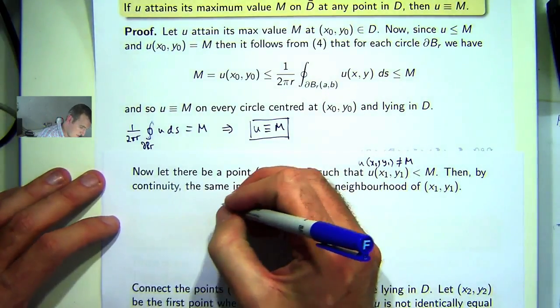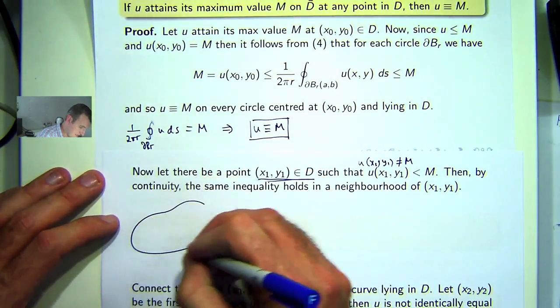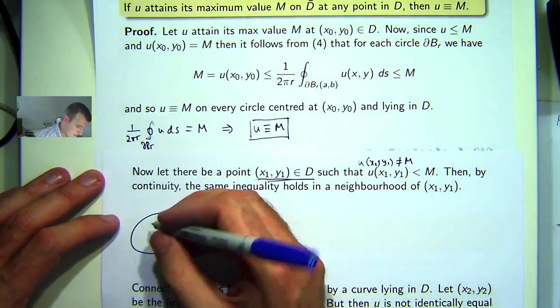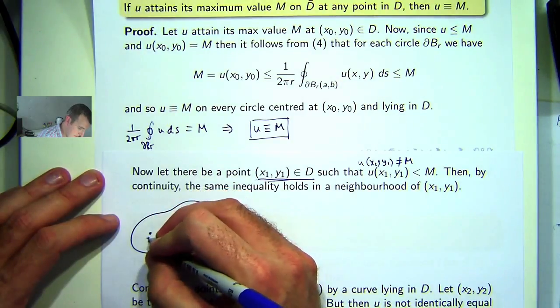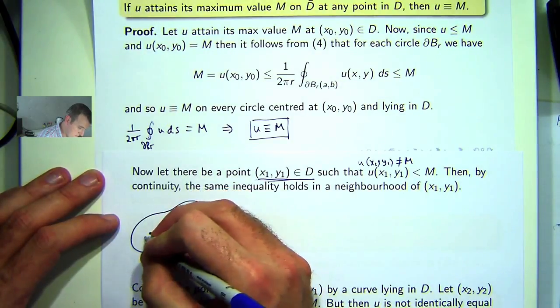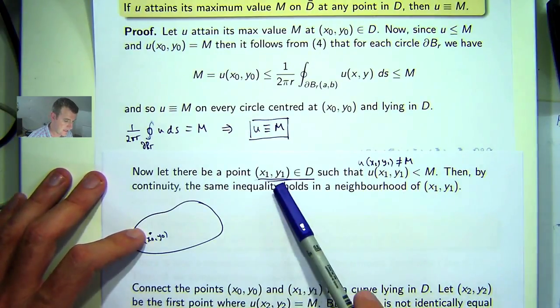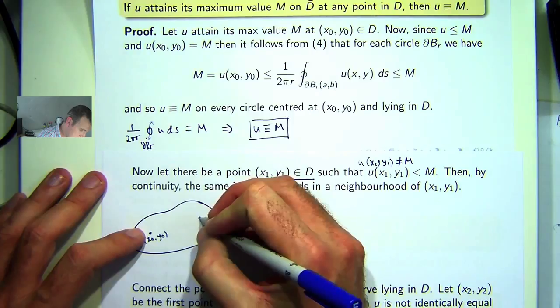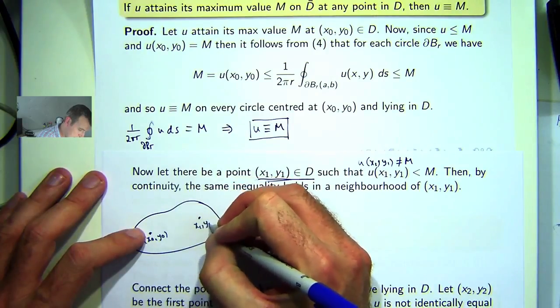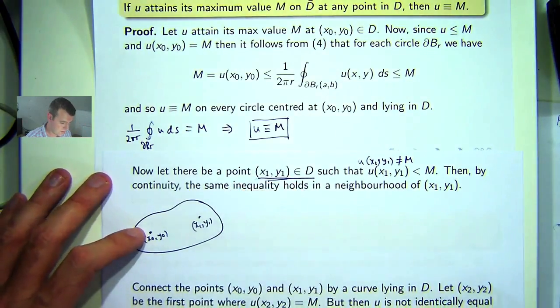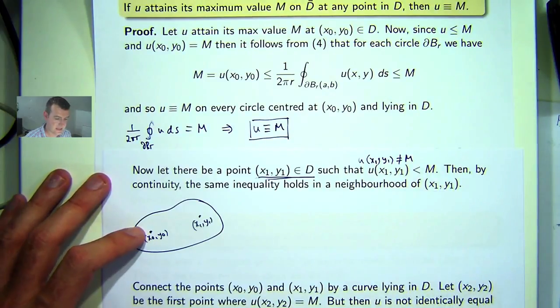Okay, so you've got some set D. You've got a point here, x0, y0, where u takes on its maximum value, and you've got some other point over here where u is less than the maximum value m.